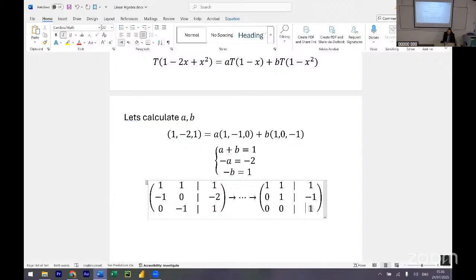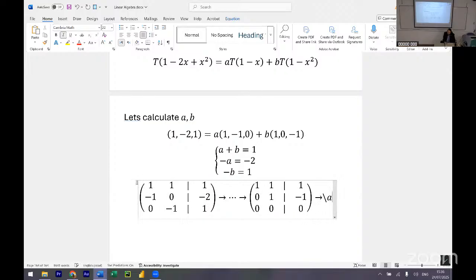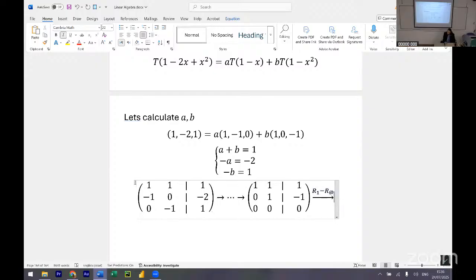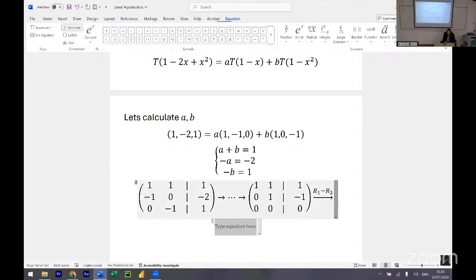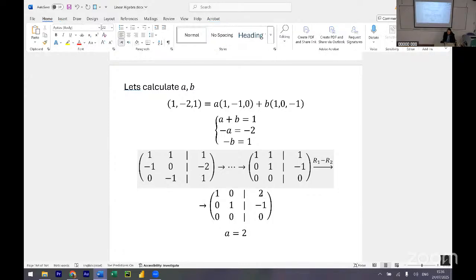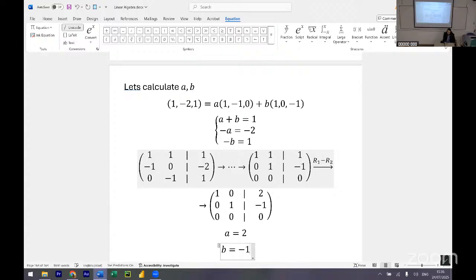And we want the solutions A and B. So if we want the solution, we go to the reduced echelon form. So that's R1 minus R2, and we get here 0 and this is 2. And surprise, surprise, A equals 2, B equals minus 1.